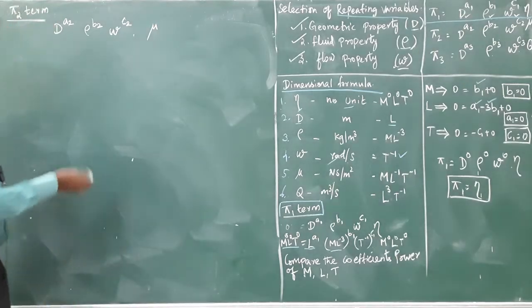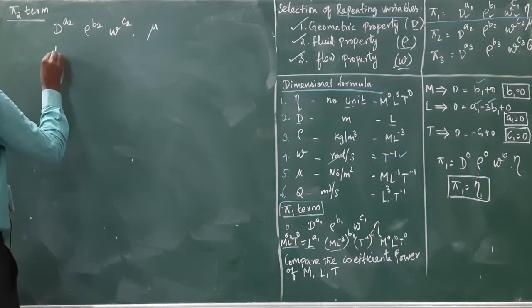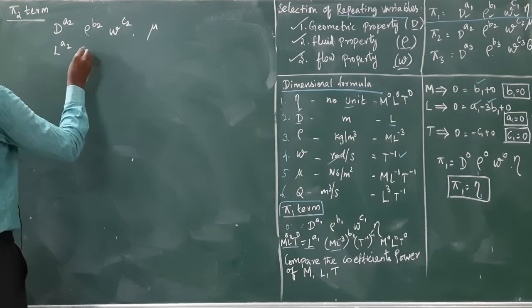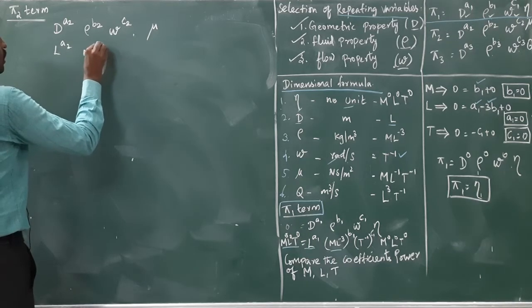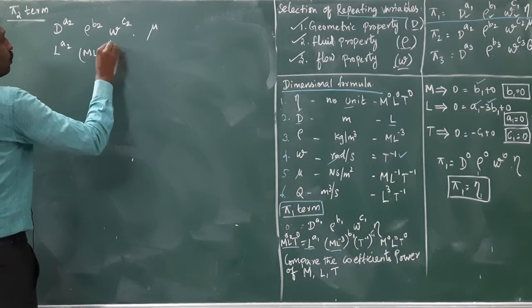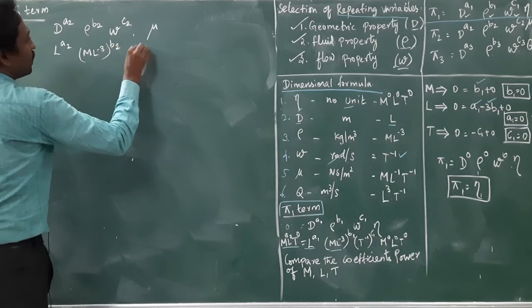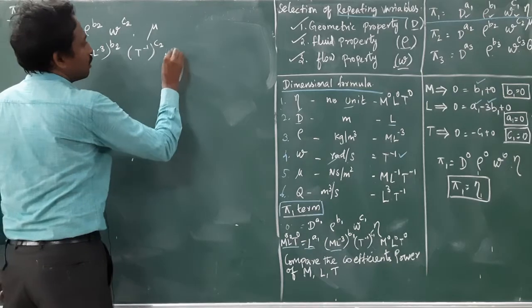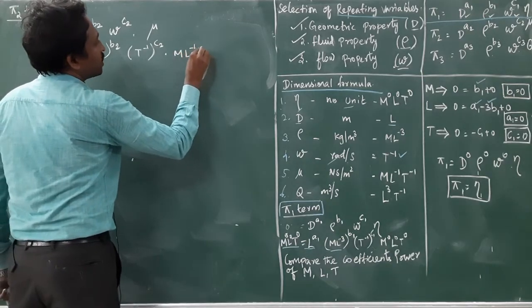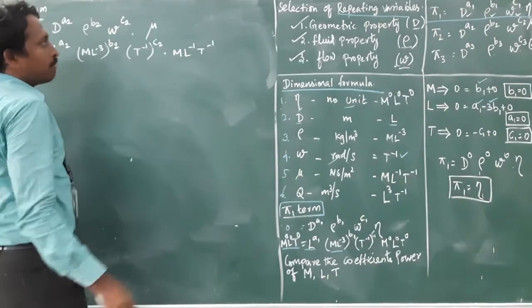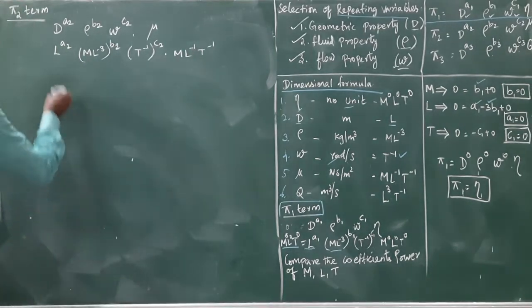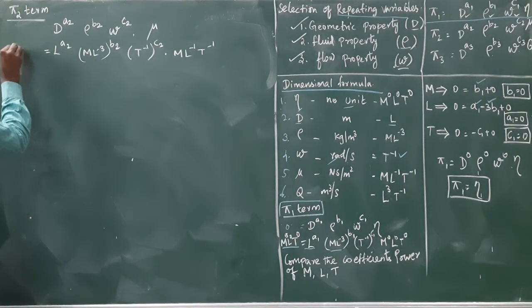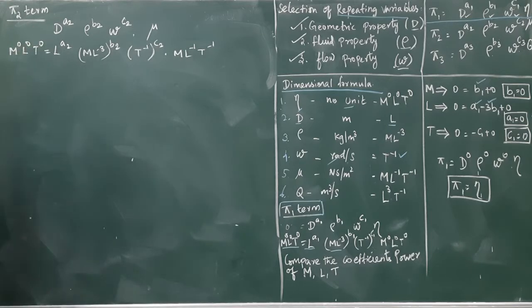Apply the dimensional formula. d is L power a2, rho is M L power minus 3 to the power of b2, and omega is T power minus 1 to the power of c2, and mu is M L power minus 1 T power minus 1, which is equal to 0. We already know all the pi terms are equal to 0 from equation number 2.